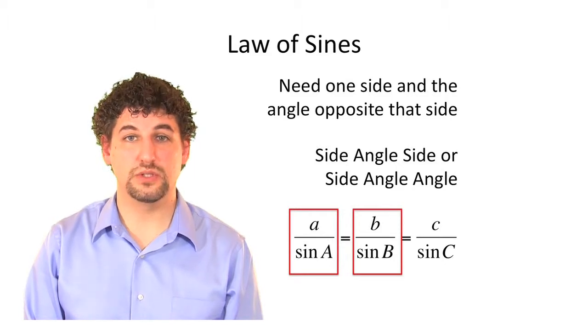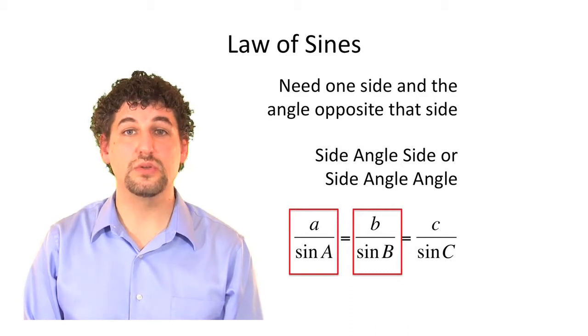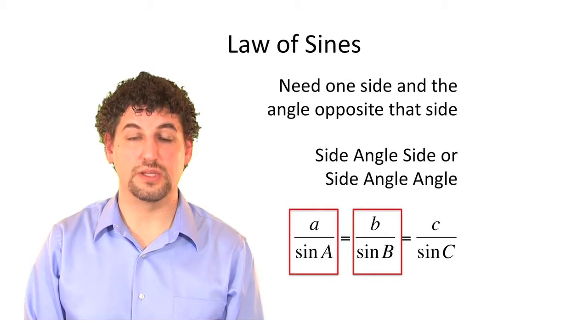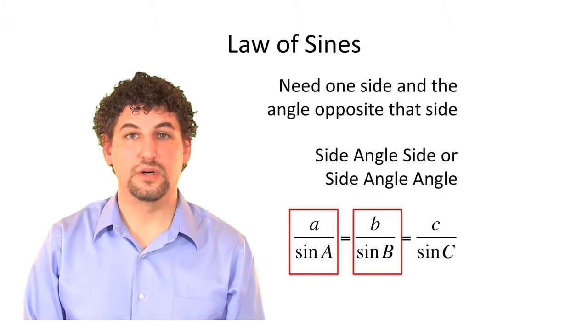All I need to do is use a over sine A and b over sine B. I don't need anything regarding side c or angle C. So you can just use the first two fractions, and this is the way that you use the law of sines. So this is a classic example, and that's the information that's needed.